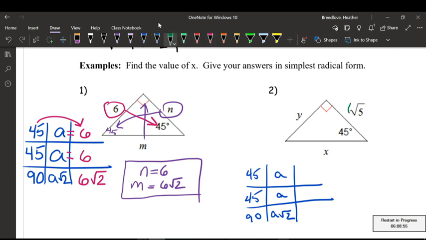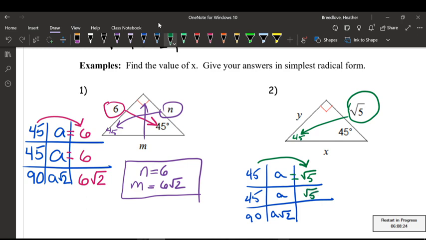I have a side length that is the square root of 5. Square root of 5 is across from a 45-degree angle. So across from a 45-degree angle, I'm going to write square root of 5. And that tells me that A equals the square root of 5.